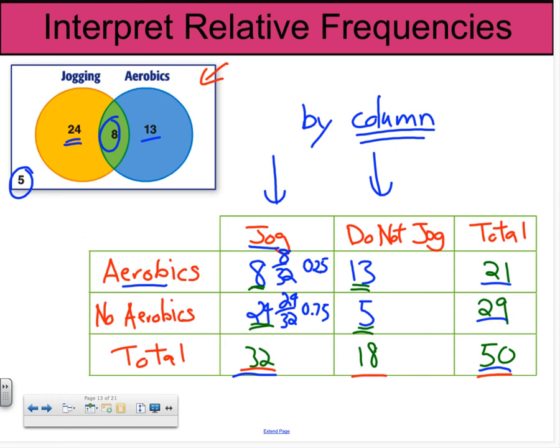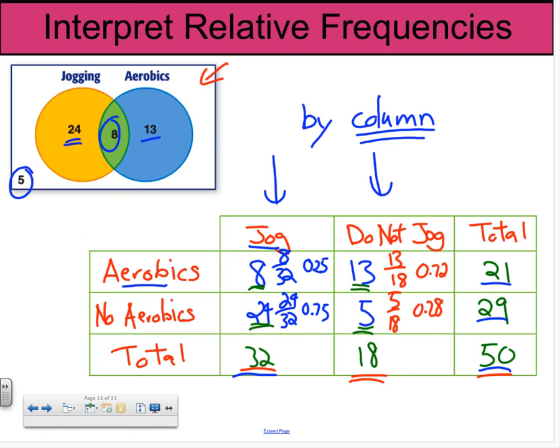And over here, my total is 18, so I'm going to do 13 over 18 and 5 over 18. 13 over 18 equals 0.72, and 5 over 18 equals 0.28.